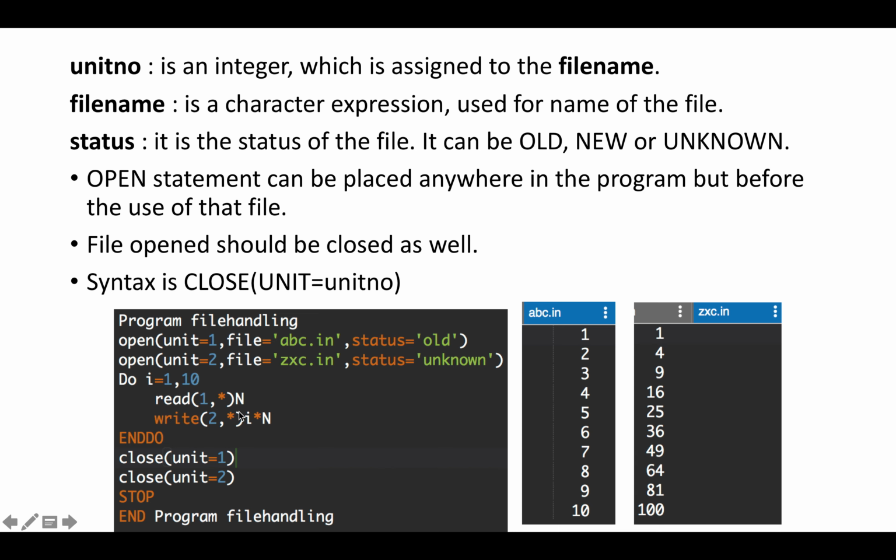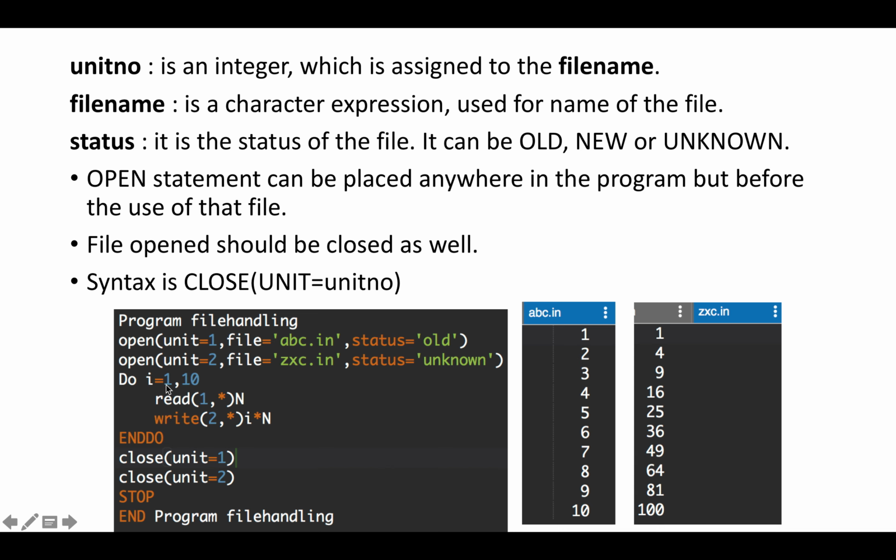Now this loop repeats. Again it goes to the statement read 1, comma, star, n. Keep in mind that you have already opened this file and you have not closed it. If you closed this file and opened it again and read the file, it would read the first value as 1, but you have not closed this file so far, so it will read the next value, 2, for n.